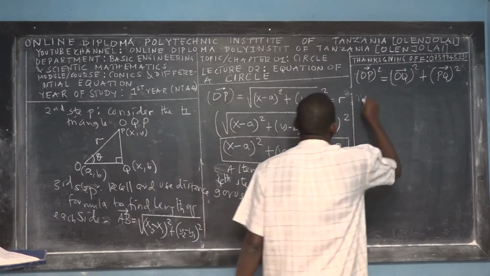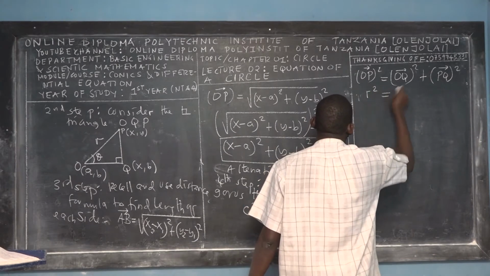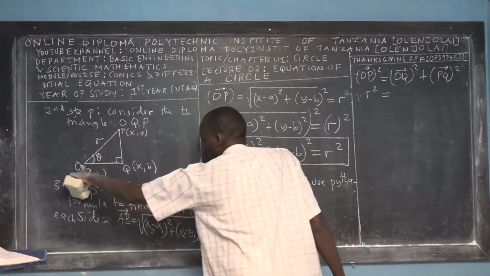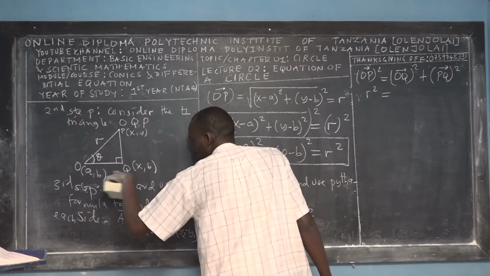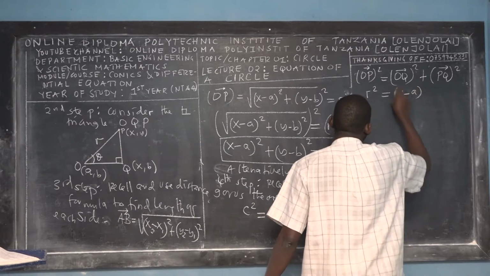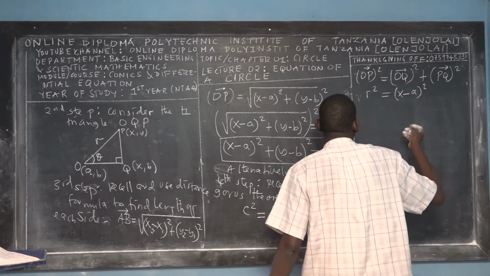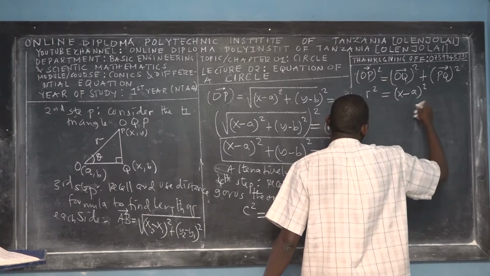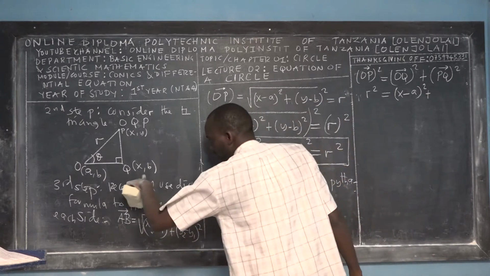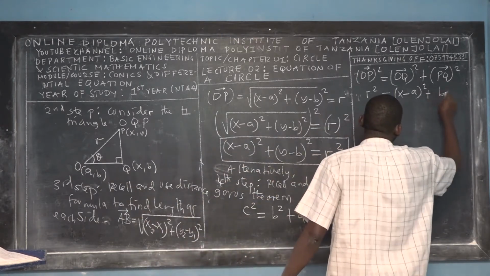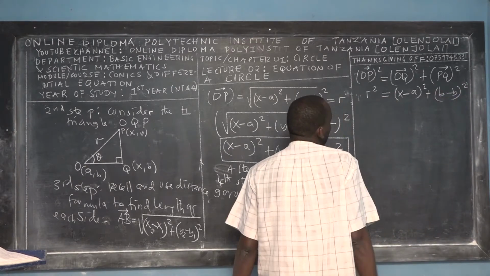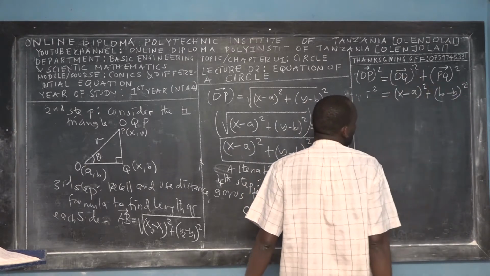So OP squared is r squared. And then OQ, the distance OQ, is x minus a, so x minus a squared, plus b minus b squared, because of this OQ squared.